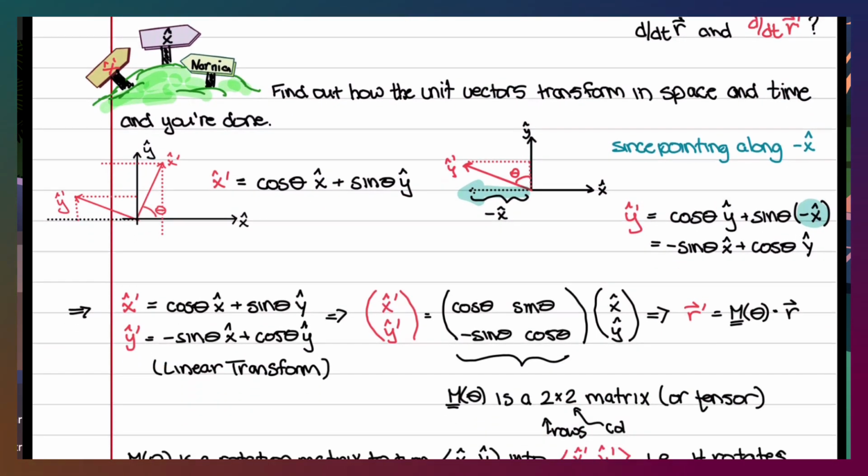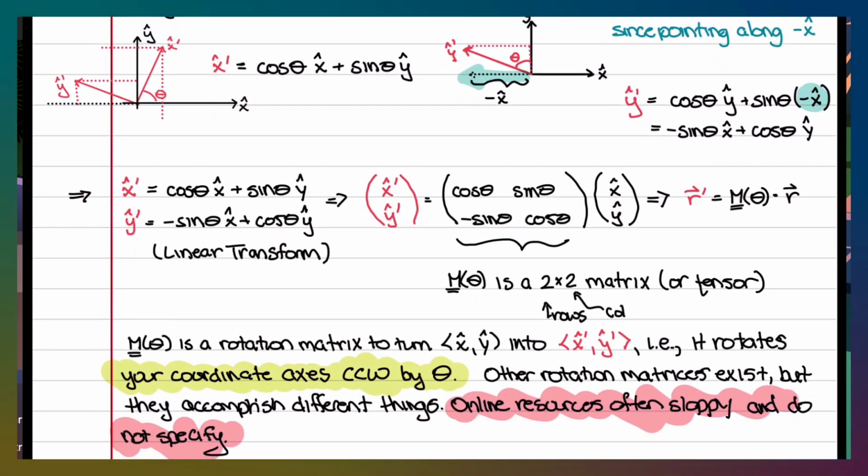So ultimately, it looks like I have this transformation, in order to take this unit vector and write it in Alex's coordinate system, and then this unit vector and write it in Alex's coordinate system. This is called a linear transformation. We can also write this as the vector x prime, y prime, equal to this matrix, which has 4 components.